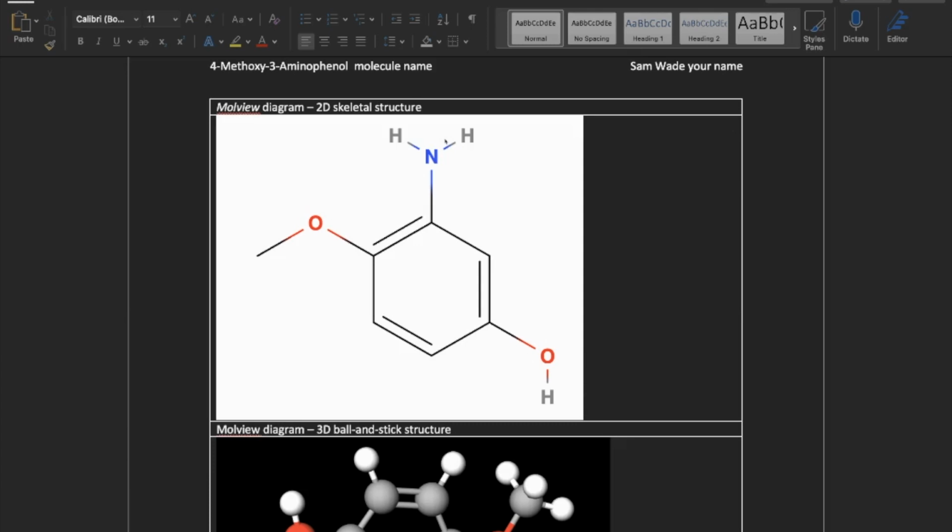Here's the single nitrogen with its tetrahedral electronic shape and its trigonal pyramid molecular shape. Although you can't see them, there is one lone pair right here.